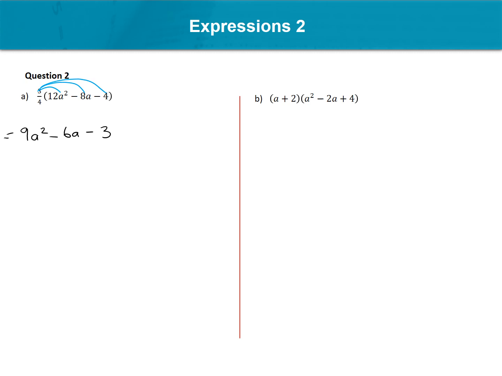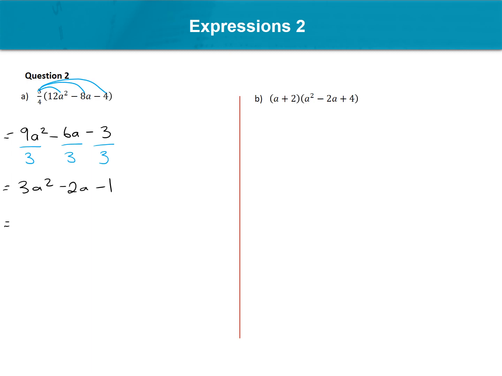And we get that because we have 3/4 times 12 gives you 9, 3/4 times 8 gives you 6, and 3/4 times 4 gives you 3. So now we can divide each of these by 3, and that will make it easier to do our quadratic equation. So we're left with 3a² − 2a − 1.